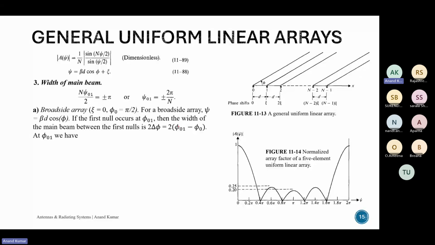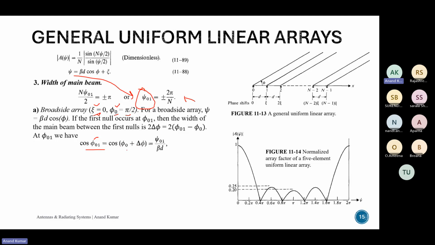So for the broadside case, from the previous slides, we know the phase shift should be 0, and the value of phi should be pi by 2. Substituting that over here gives us cos phi 0 1.